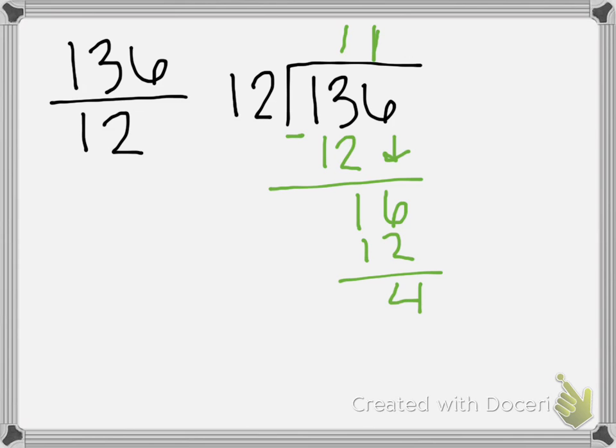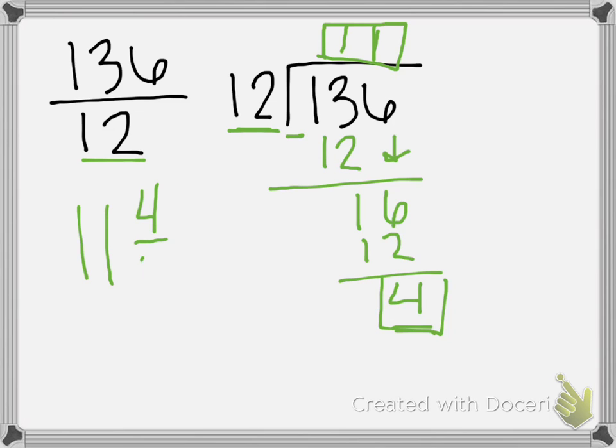I have 4 left over. 12 cannot go into 4. So remember, my top number becomes my whole, 11. My 4, or my bottom number, becomes my numerator, and my denominator stays the same. So my answer is 11 and 4/12.